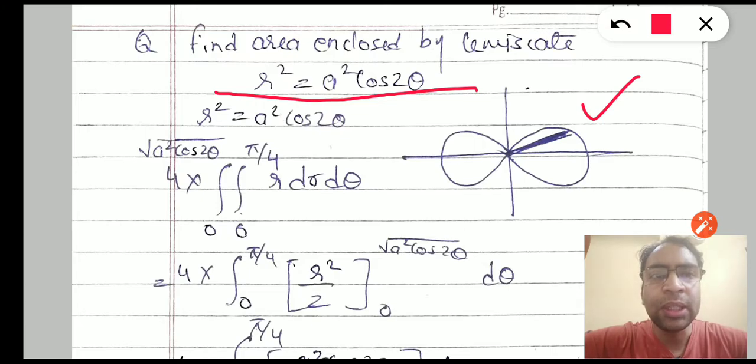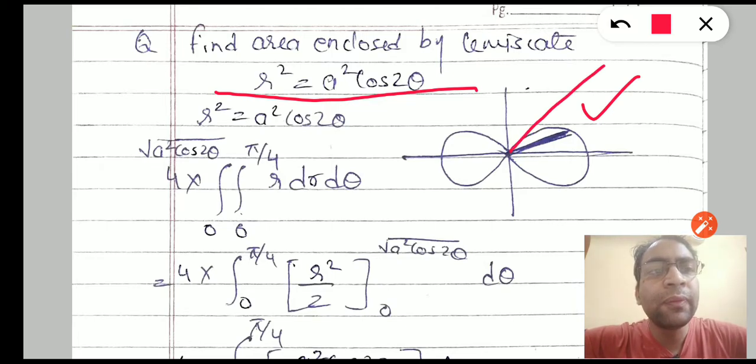The equation is already given in polar form, so we will take the integrating variables as r and theta. For theta, in one quadrant it moves from 0 to pi by 4.